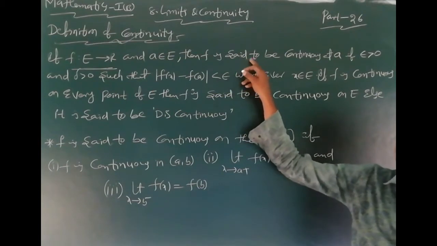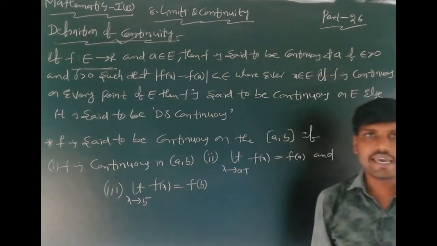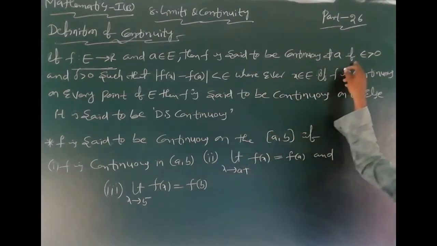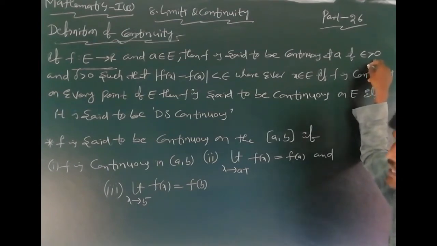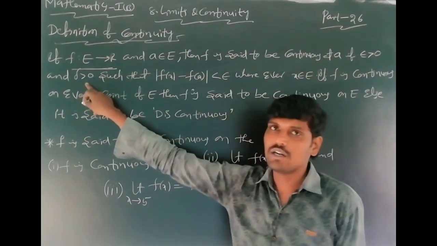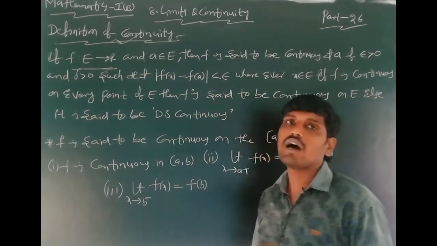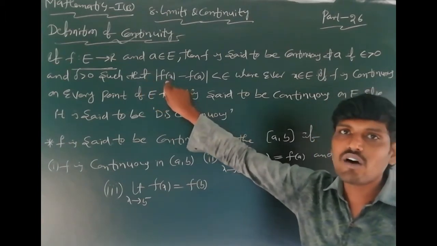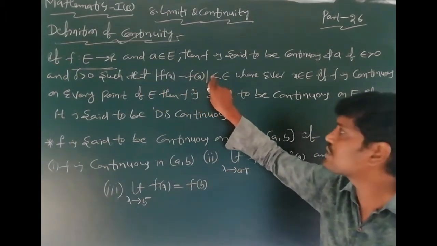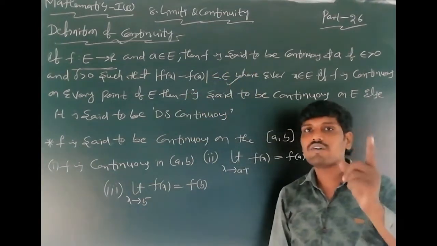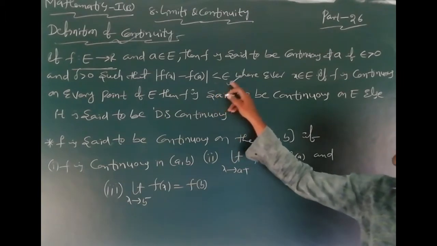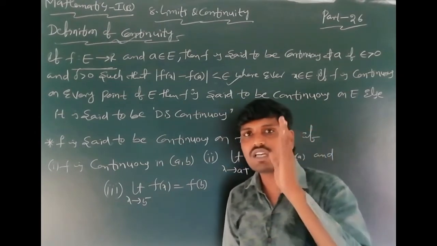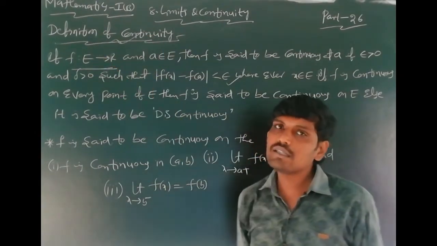Then f is said to be continuous at A if for every epsilon greater than 0 there exists delta greater than 0, both positive, such that modulus of f of x minus f of a is less than epsilon, wherever x belongs to capital E, nothing but the domain.